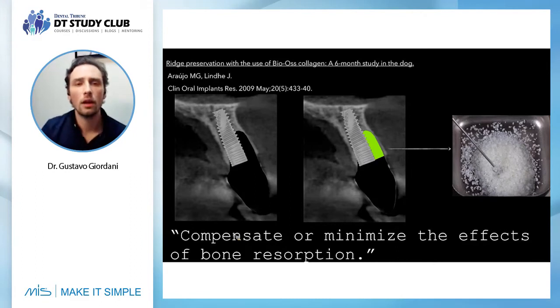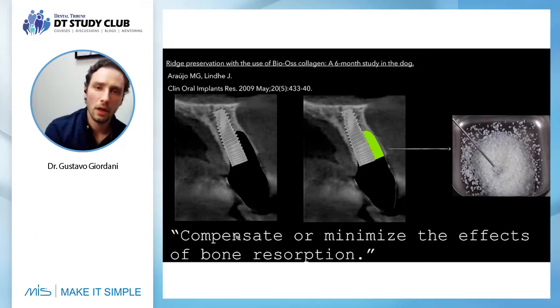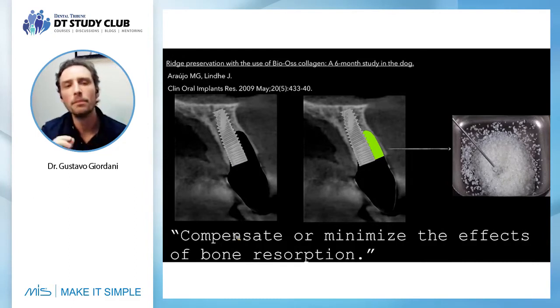We cannot prevent the resorption after extraction, but we can compensate and minimize the bone resorption's effect, which is very nice to do with the MIS implant, the V3. So I have a triangular neck. I can leave the neck of the implant. I can create a better gap.